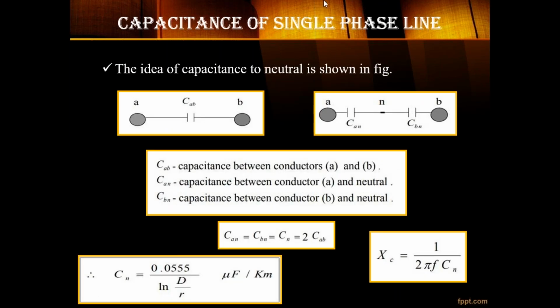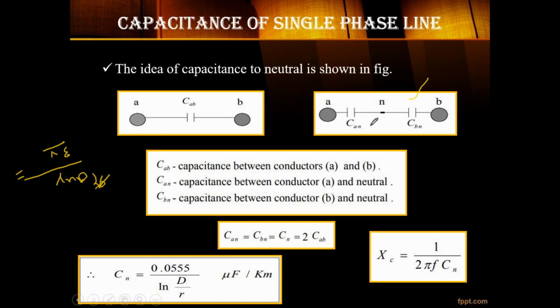Now the idea of capacitance to neutral is shown in the figure. Suppose you calculate the capacitance between the two phases, where you are calculating CAB, that is given by pi epsilon divided by ln(D/r). Now, if you want to find it with respect to neutral, it should be shown like this.